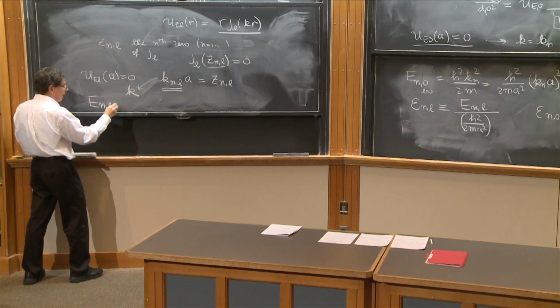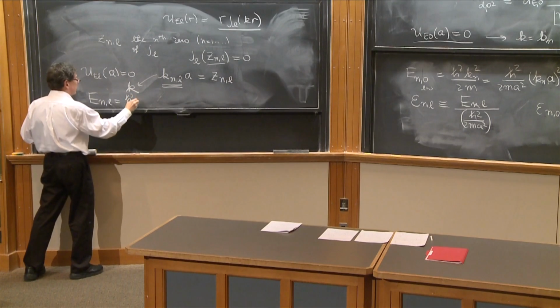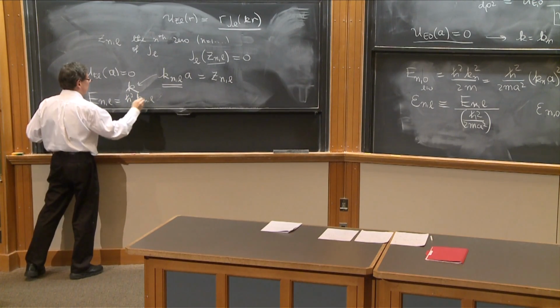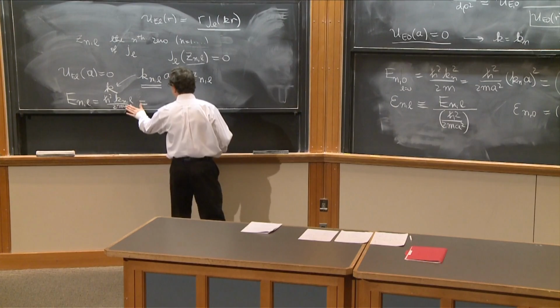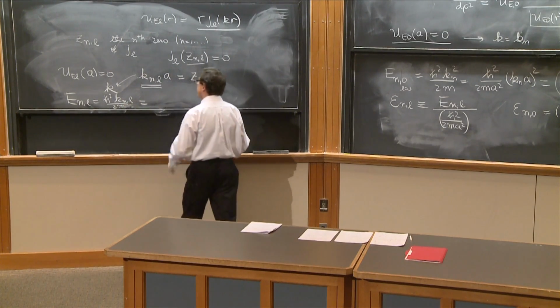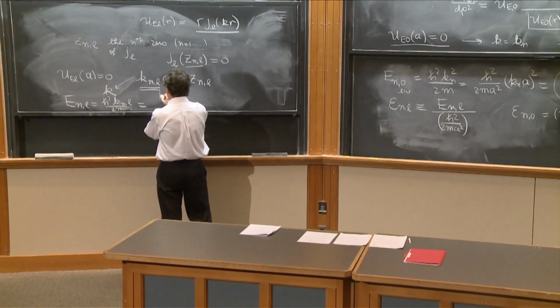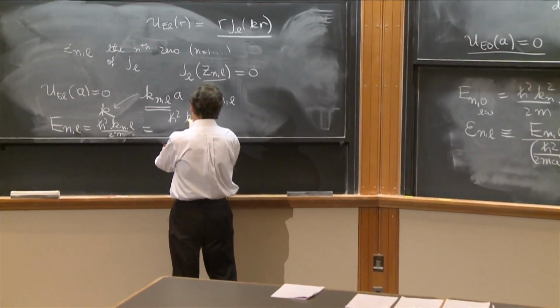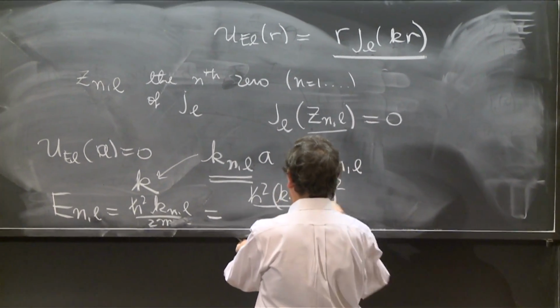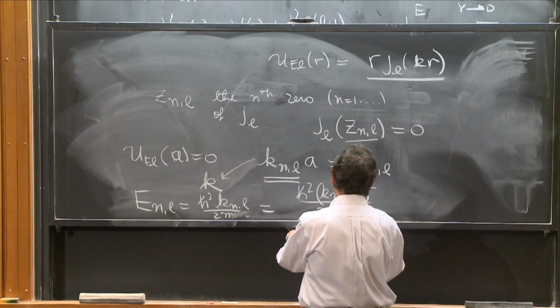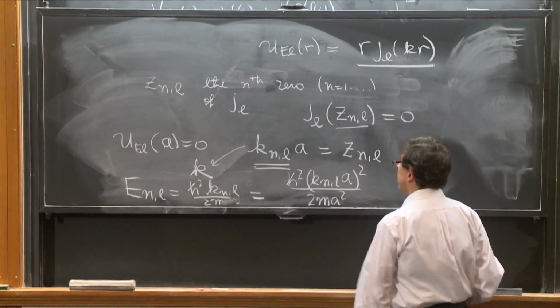E_nl would be ħ² k_nl² over 2m, like that. Then you multiply by a² again, so you get (k_nl a)² over 2ma².